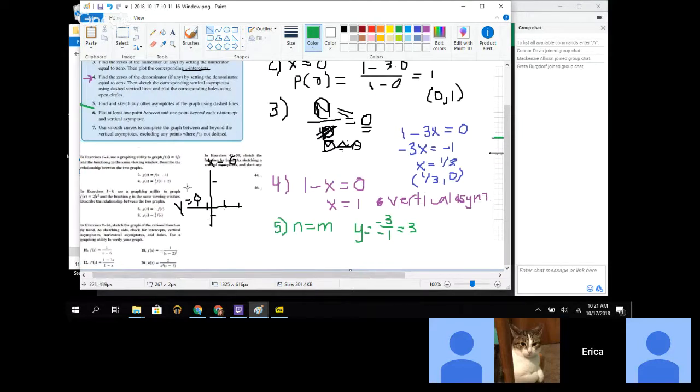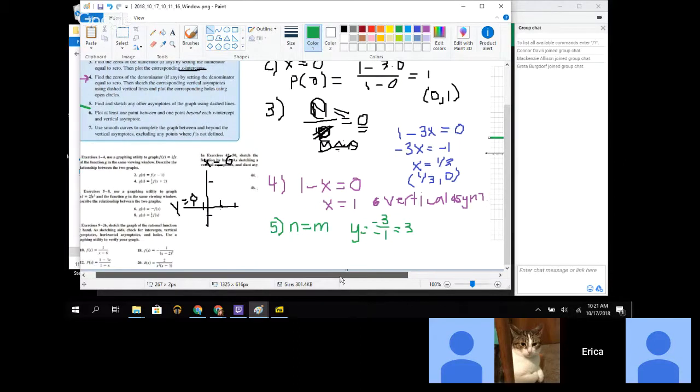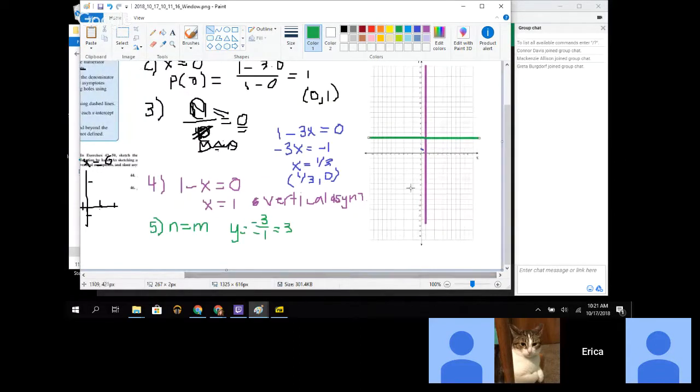All right, now plot at least one point between and one point beyond each x-intercept and vertical asymptote. So now you're kind of getting an idea of what it's going to look like, right? This curve is actually going to come in like along here, and it's going to hit right here, and then it's going to go off down here, and then the same along here.